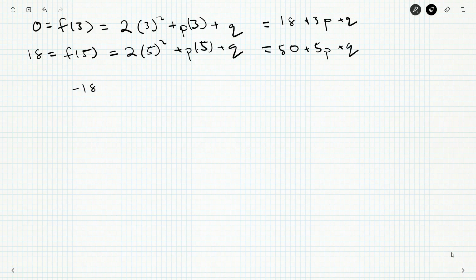So we'll bring the 18 and the 50 over to the side. So 50 minus 18 is 40 minus 8, so that's negative 32. 3p plus q, 5p plus q, and we're going to rearrange these so it's a little clearer what I'm about to do.